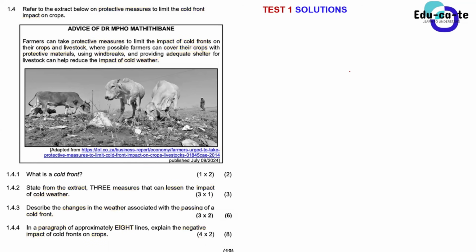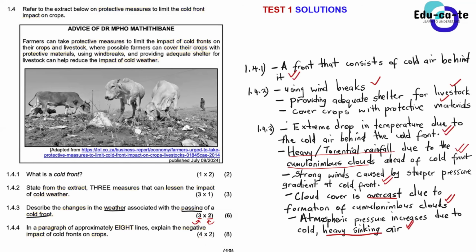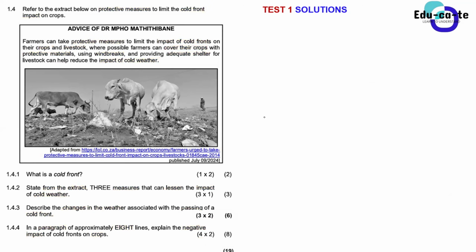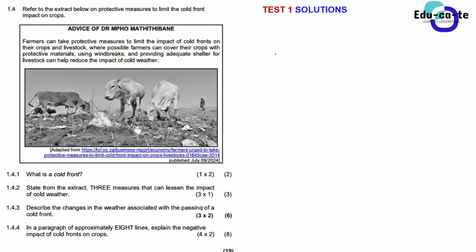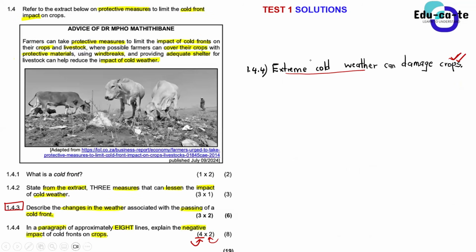But because on 1.4.3 you already explained that there's an extreme drop in temperature, or extremely cold weather, due to the cold air behind the cold front, you've already explained the origin of this drop in temperature. So even when you go to the follow-up question, you've already explained where it is coming from. All right.